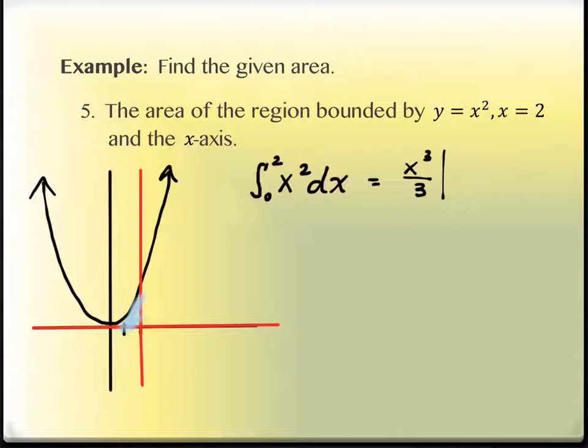And we're going to evaluate that at 2 and at 0. So evaluating at 2 means I have 2 cubed over 3. Evaluating at 0 means I have 0 cubed over 3. This is one that's probably clean enough that putting it in your calculator and doing function integration would just be a waste of time, right? What is 2 cubed over 3? 8/3.